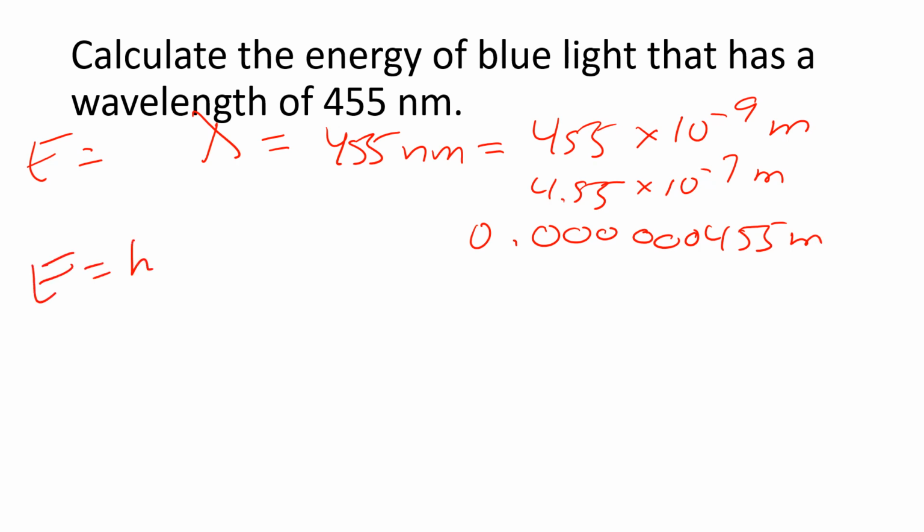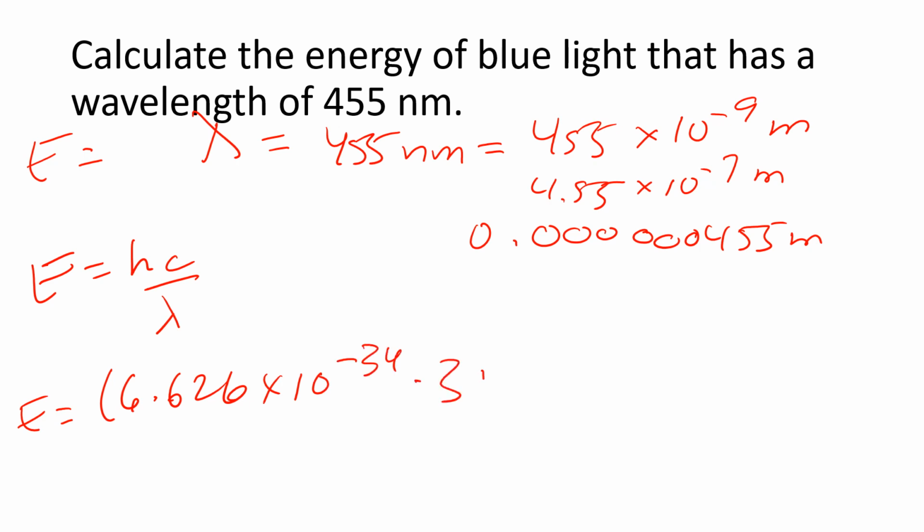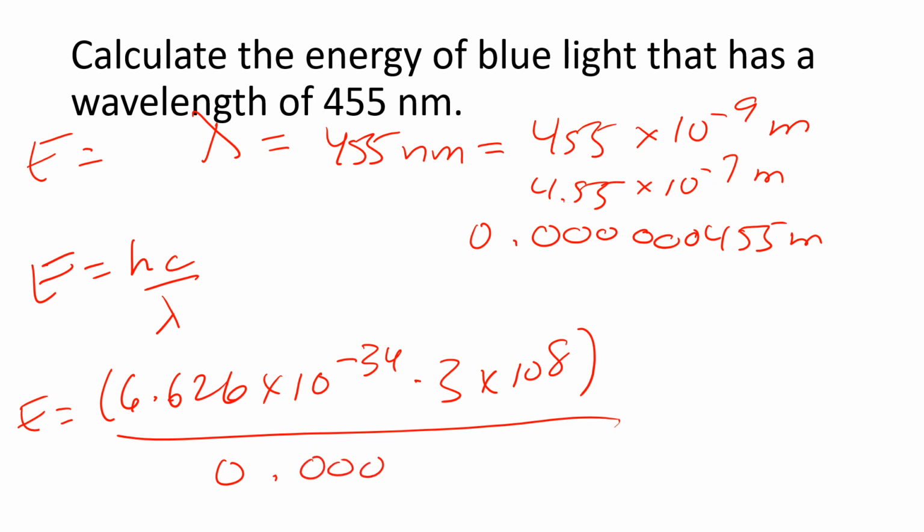Energy is hc over lambda. That's my formula. Energy equals 6.626 times 10 to the negative 34 times 3 times 10 to the 8, numerator, over denominator 0.000000455.